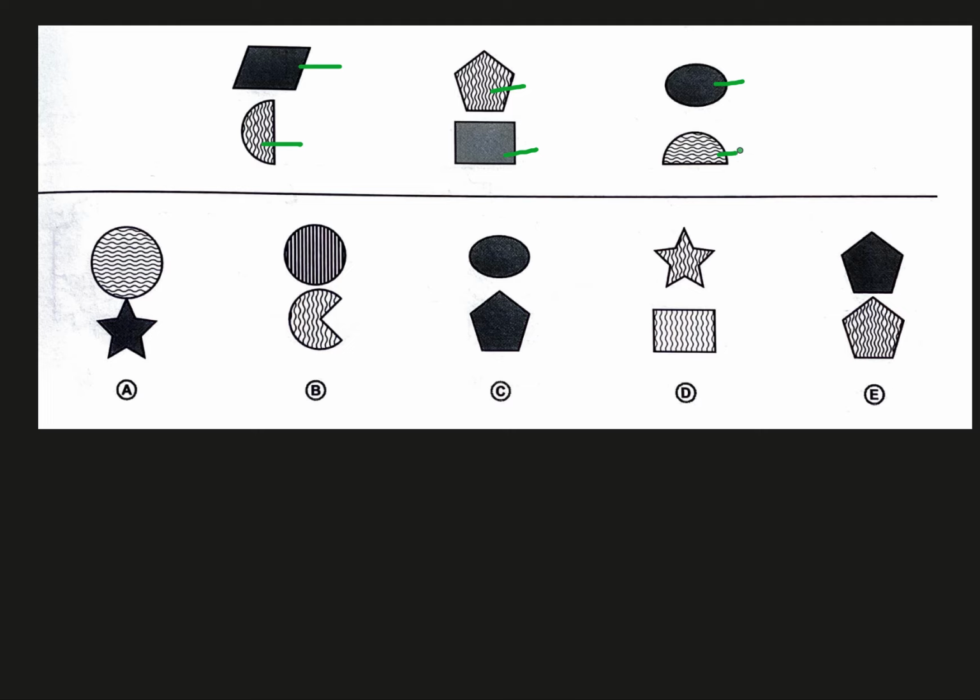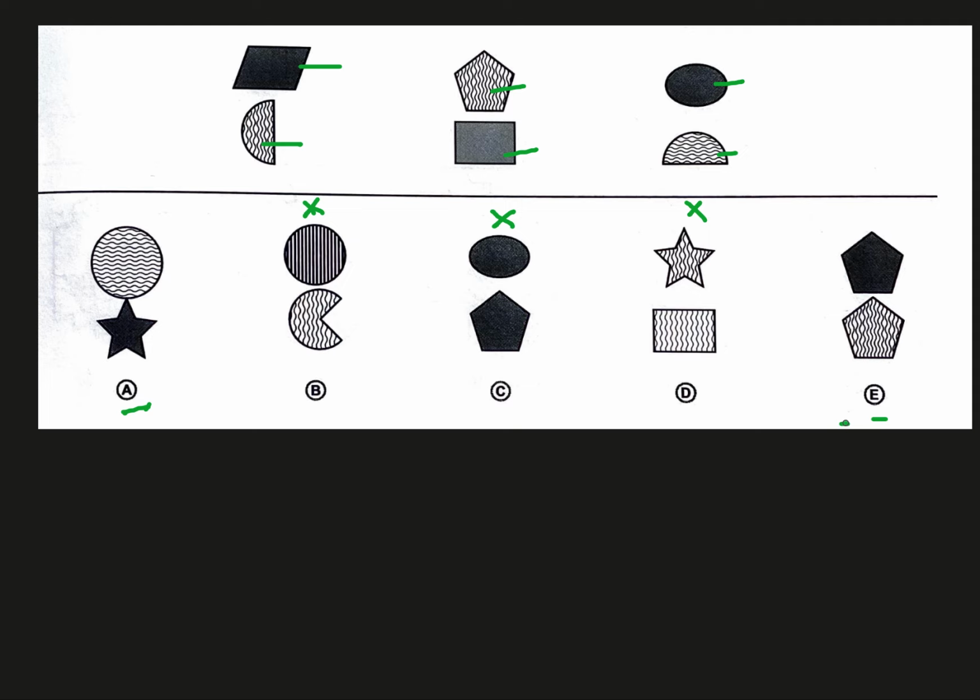So my job is to find 2 figures, one solid and one squiggly. What I have here is 2 solid, so that's not an option. 2 squiggly, not an option. A straight line and a squiggly line, that's not an option. So either A or E are my possible correct answers.